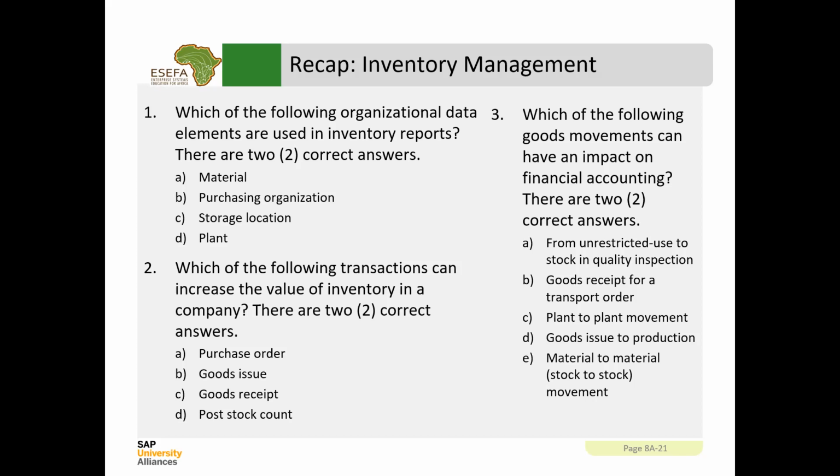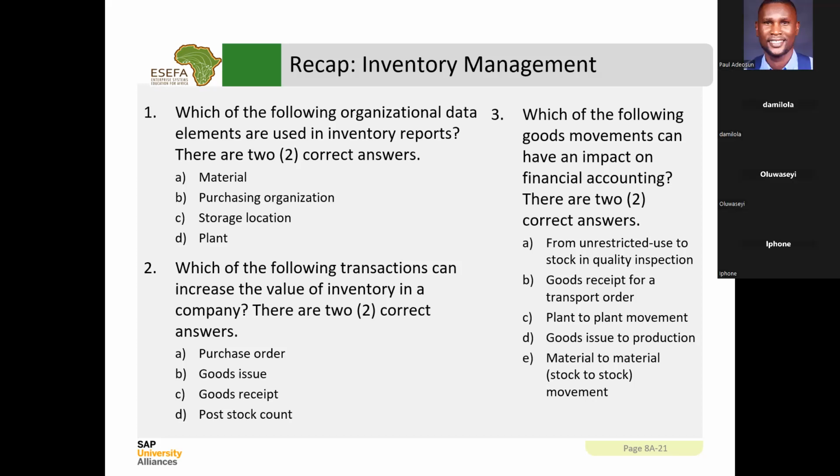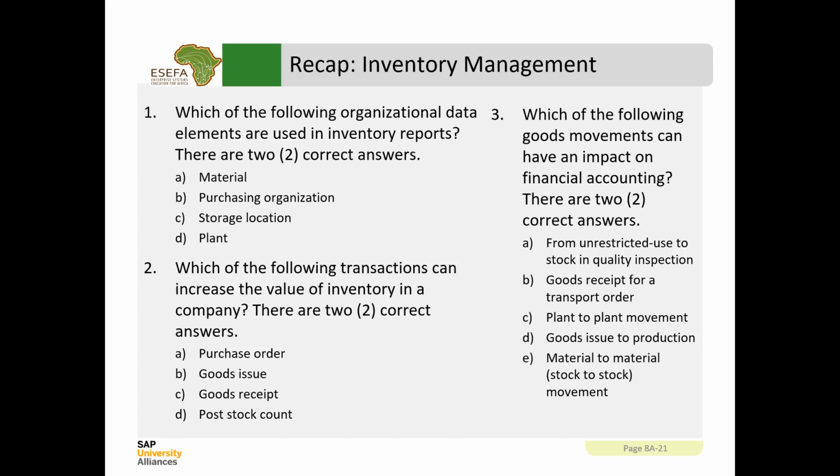So B is not an option. Goods received for transport order is not. Are we together? So we have eliminated B. By extension, plant to plant movement within the same company code, we don't have a financial impact.